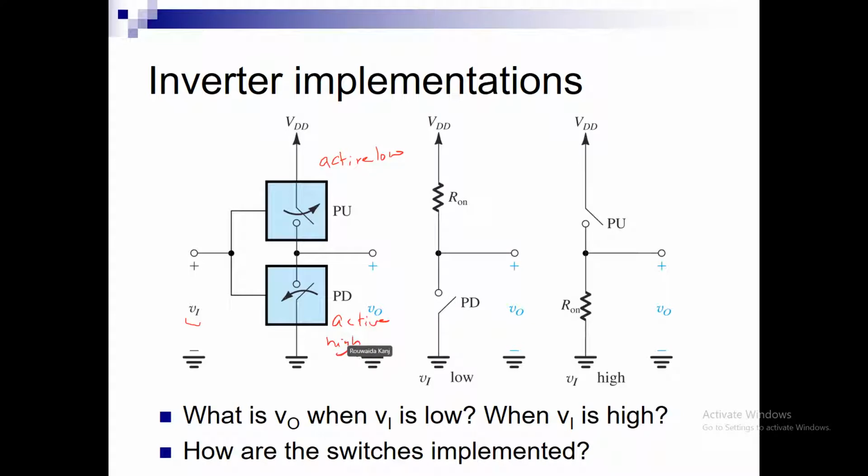So when the input is low, the pull down switch will be off, and the pull up switch will have a small R on, and under this scenario, the output will be connected to VDD by virtue that the DC current flowing from VDD to ground is equal to 0. Since I equals 0, then my V out will be equal to VDD.